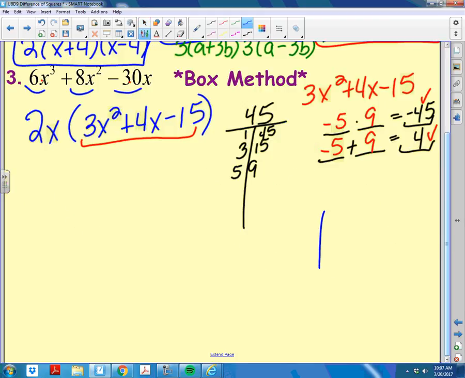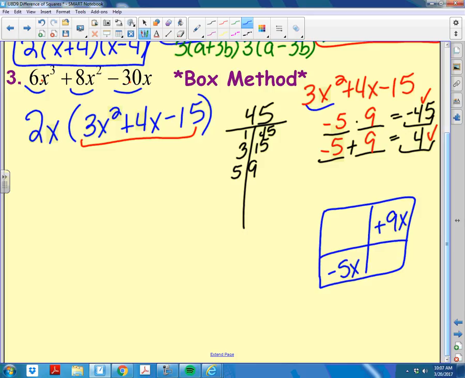If we use the box method, we put negative 5x here, we put positive 9x here. Top left is our 3x squared. Bottom right is our minus 15. And now we start to do our GCF. We start here.